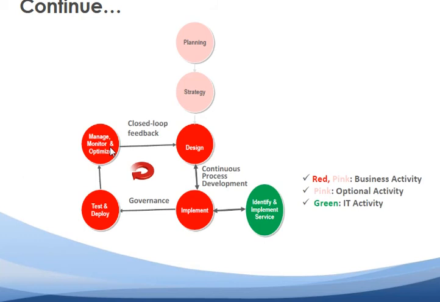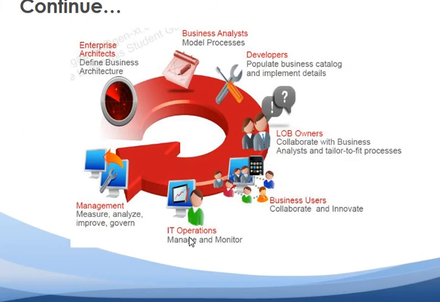If any client or any senior requires any change, then it will be redesigned, and the developer has to re-implement, retest, and redeploy the code. So after final, they will identify and implement services. They will give the service to the clients and customers, and after that they will also monitor. So basically this is the closed loop cycle.